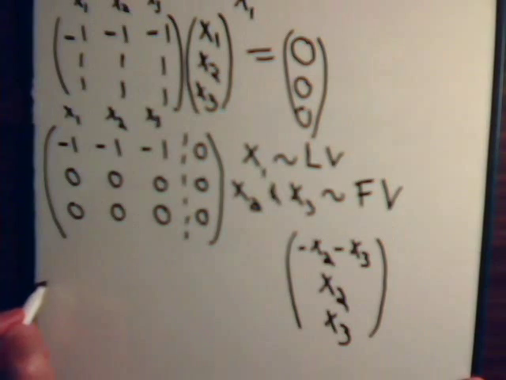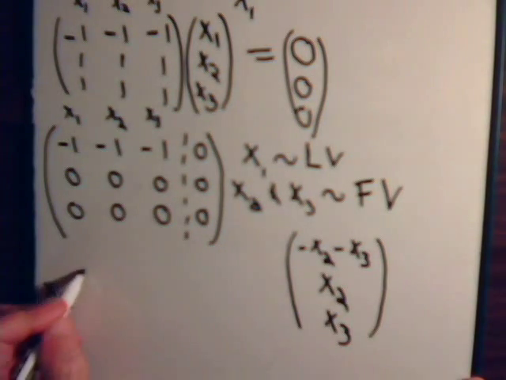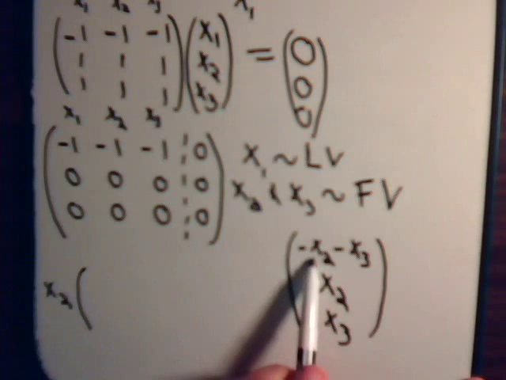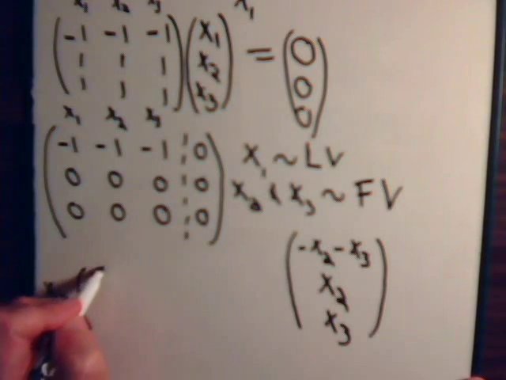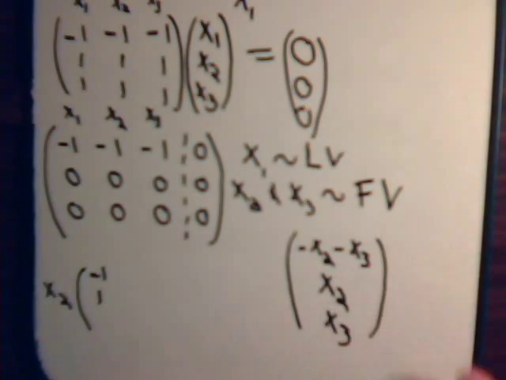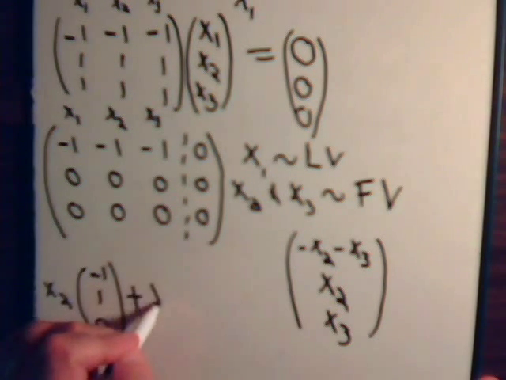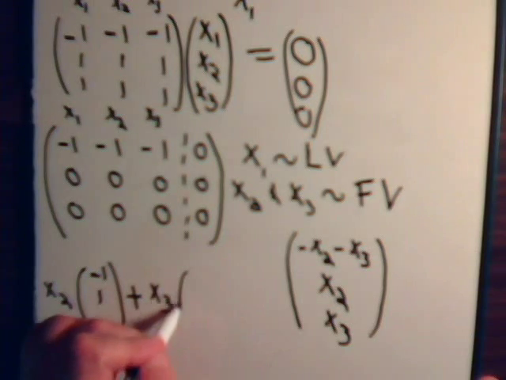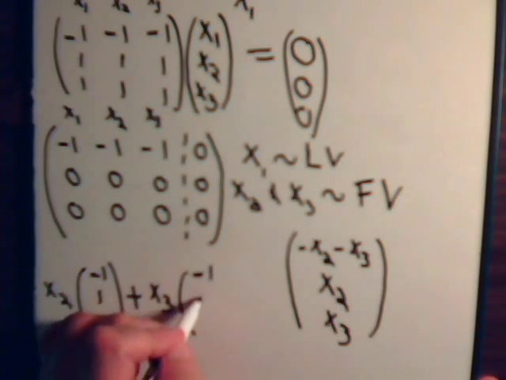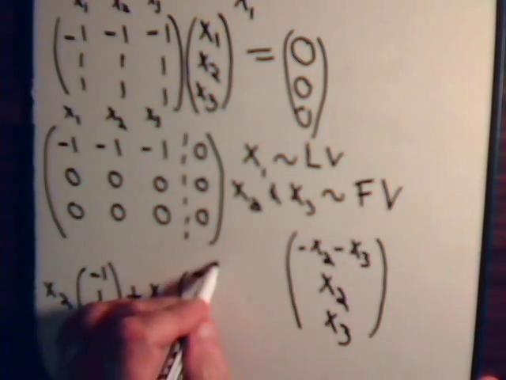So if we factor out the x2 and x3, we're going to have x2 times minus 1, 1, and 0, plus x3 times minus 1, 0, 1.